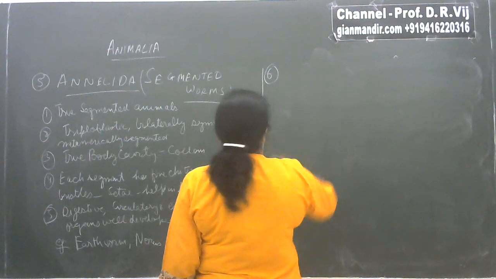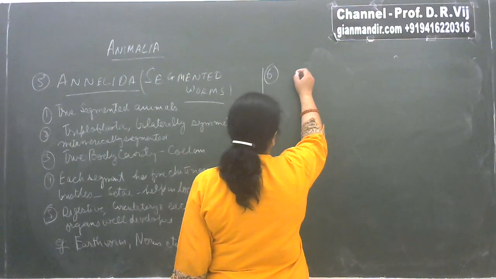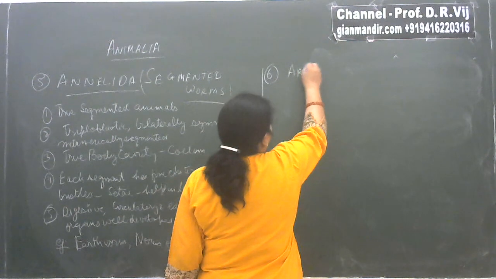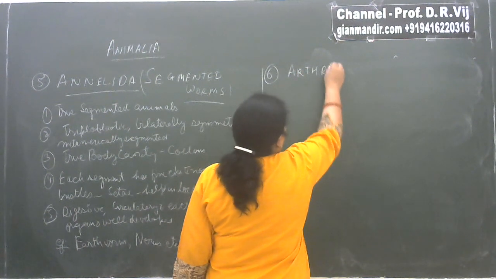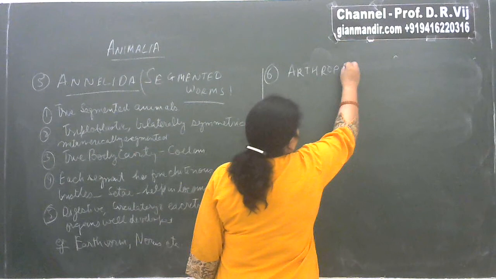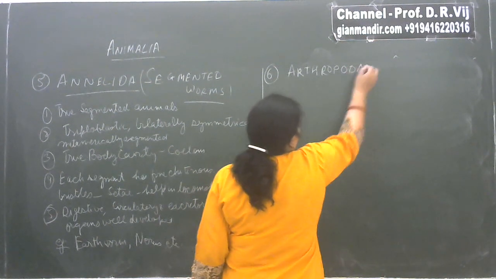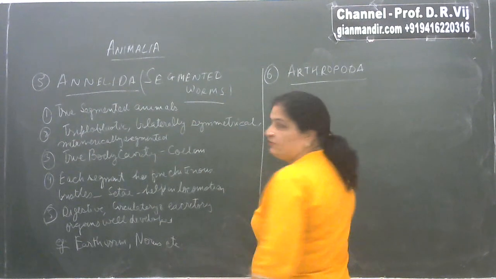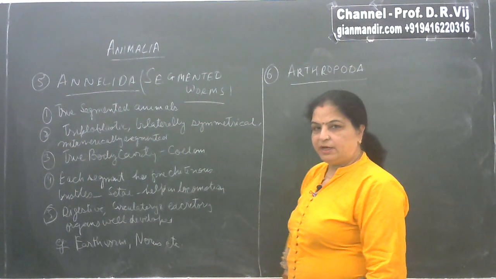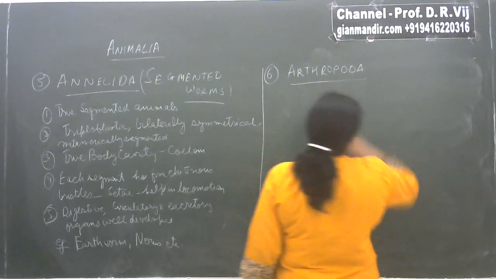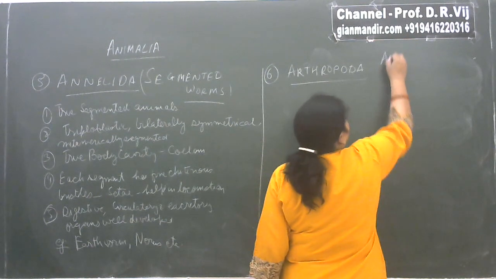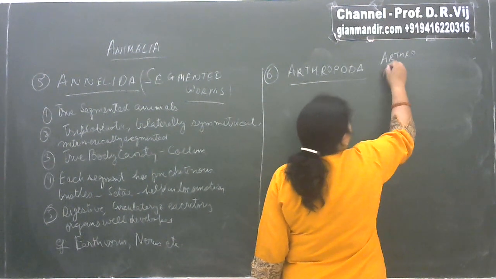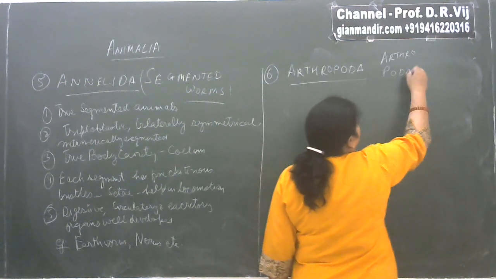And another phylum in this animal kingdom is Arthropoda. You can say these are the animals having jointed legs. The name itself is made up of two terms: arthro and poda.